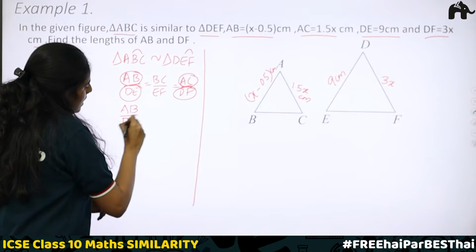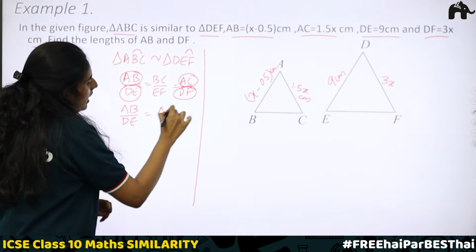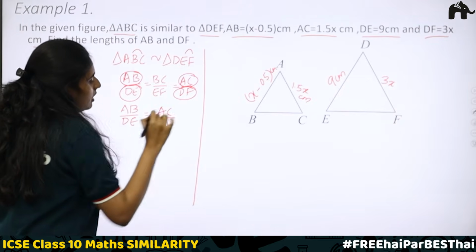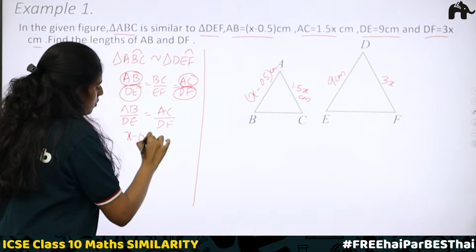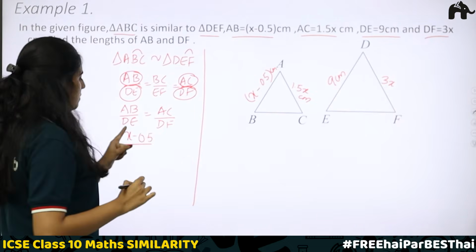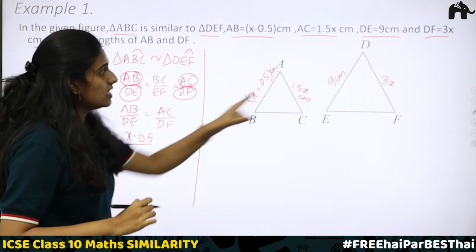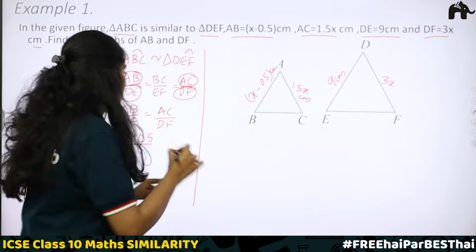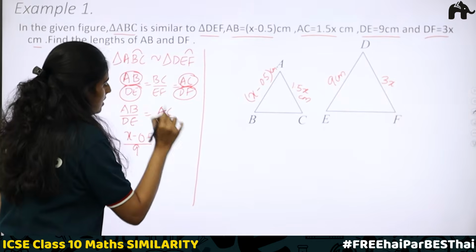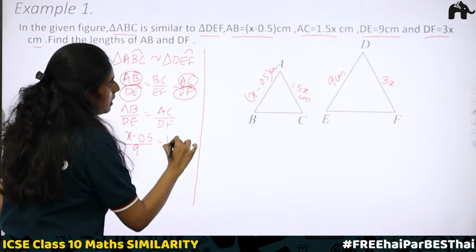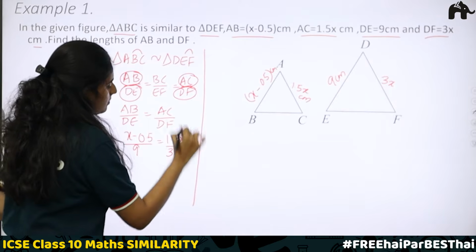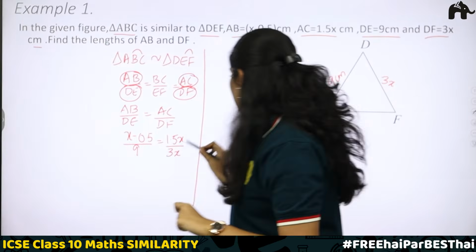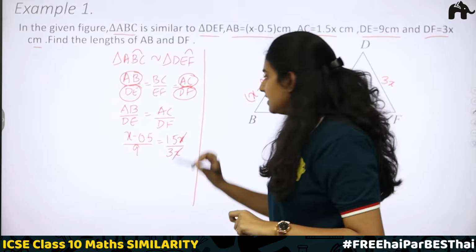AB by DE is equal to AC by DF. Now put the values. We have AB equal to x minus 0.5 divided by DE, which is 9, and that is equal to AC, 1.5x, divided by DF, which is 3x. So here we can cancel this x and this x.